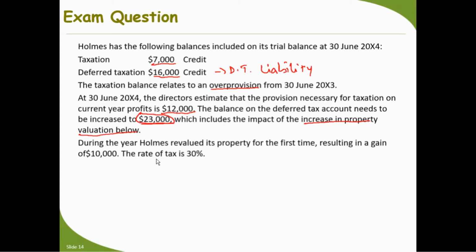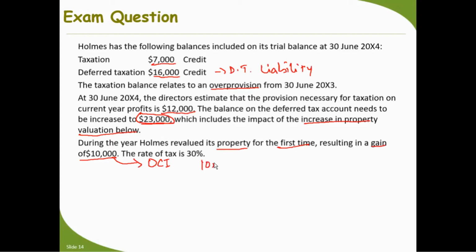But to calculate your tax charge, during the year Holmes revalued its property for the first time, and there is a gain of 10,000. Now, out of the total closing balance of 23,000 of deferred tax liability, one part is due to the gain in revaluation, which is supposed to be shown in OCI. So the impact of the change in deferred tax liability related to this will also go in OCI.